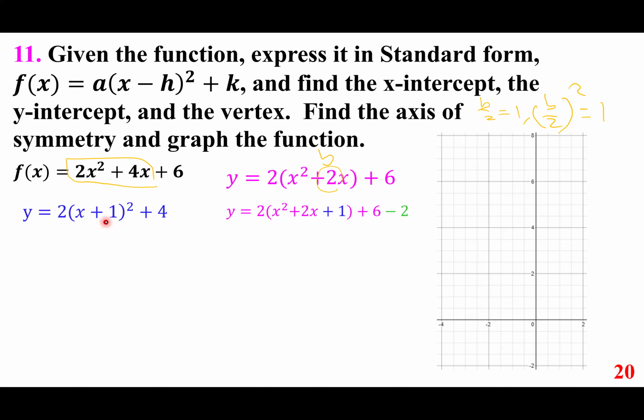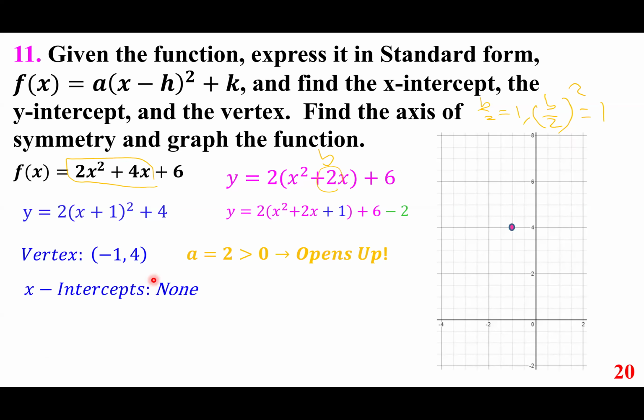The vertex is located at -1, comma 4. So this opens up because a is 2, and you can find the intercepts. X-intercept, there is none. Well, you can calculate b squared minus 4ac from here: 4 squared minus 4 times 2 times 6 is -32.